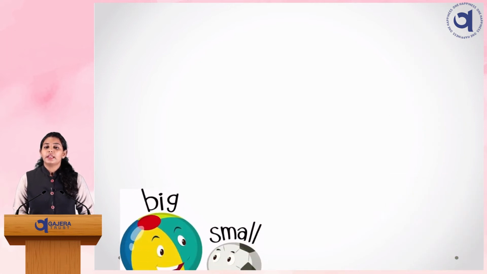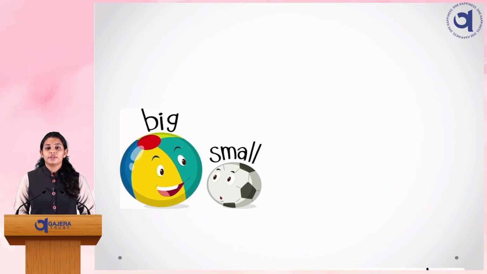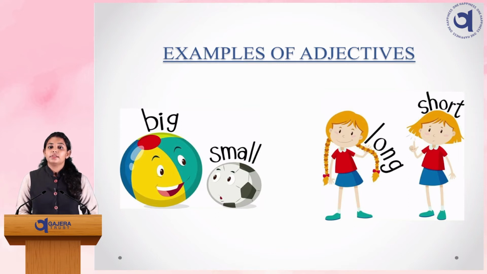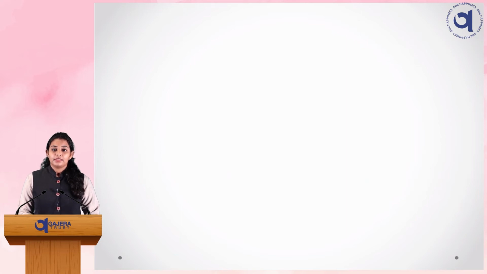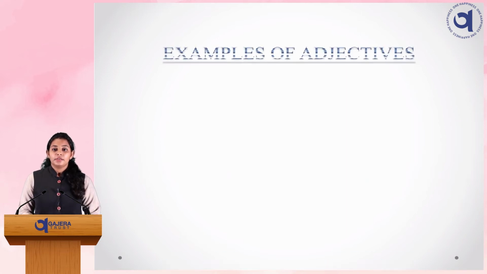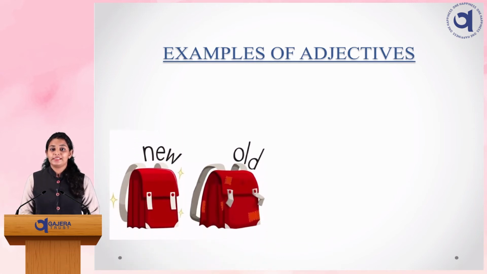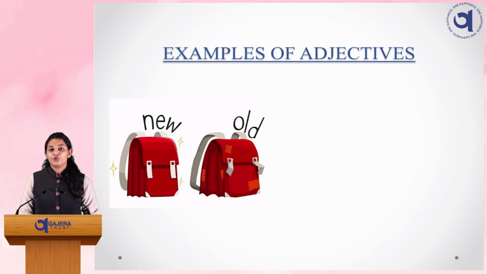So here are some examples of adjectives. You can see the words big, small, long and short. These are adjectives, and you can also say that they are opposites of each other, like big and small, long and short. Here are some more examples, like new and old. You can see the difference here, students: this is a new bag and this is an old bag.